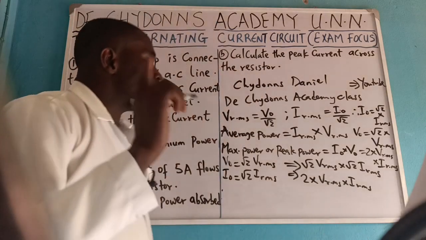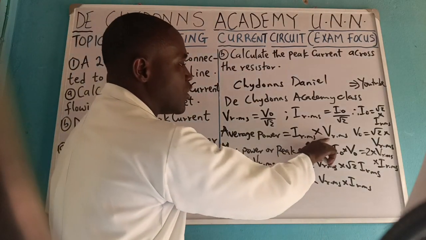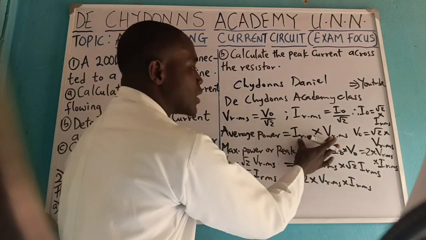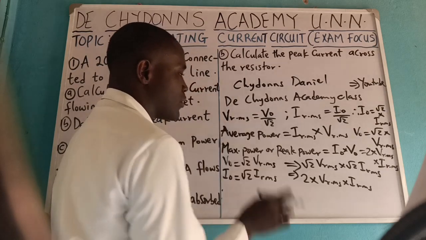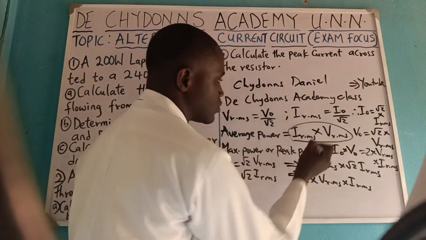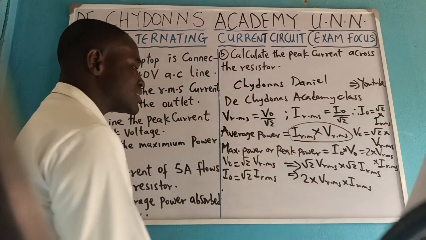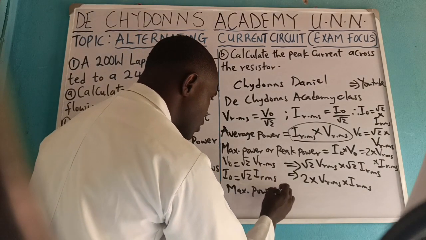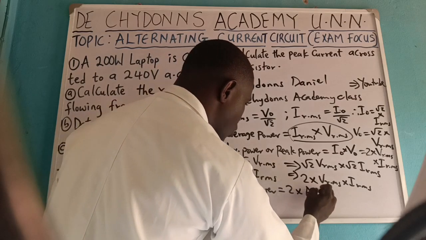Since we noted that when you multiply V root mean square voltage and I root mean square, you have average power, and maximum power means 2 times the multiplication of these two, that means maximum power is equal to 2 times average power.